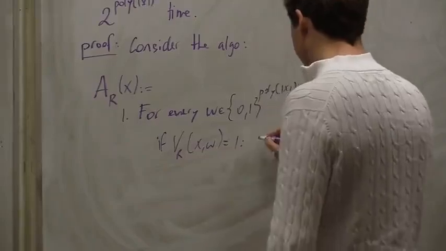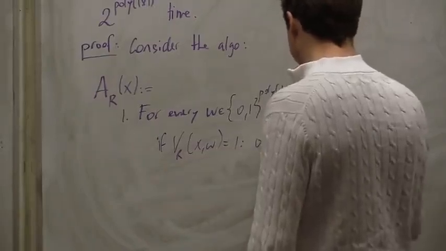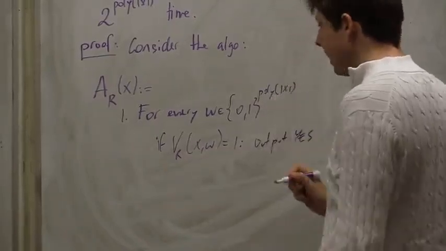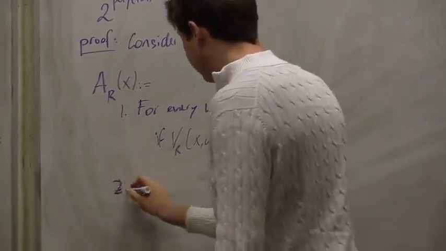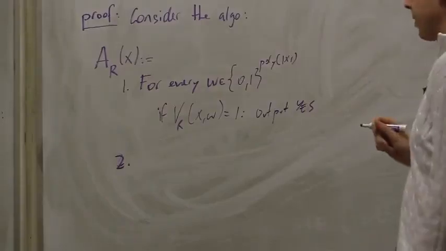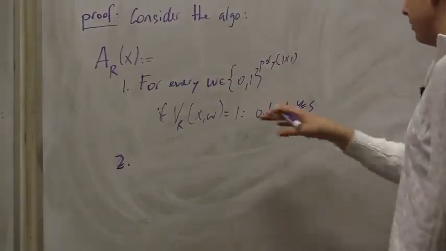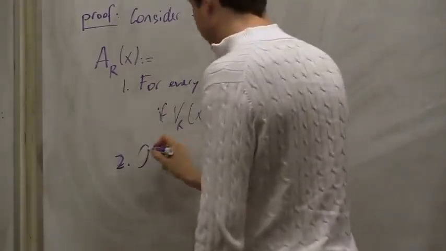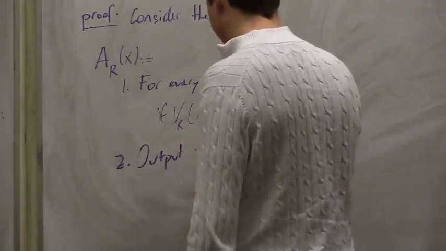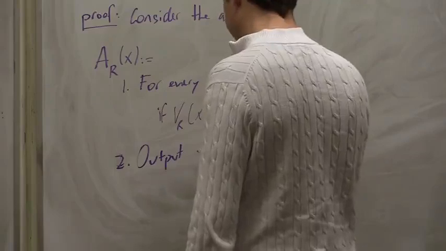If so, we output yes. Otherwise, if we tried all of the witnesses and for none of them we output yes, we output no, meaning that we have established that no valid witness exists.